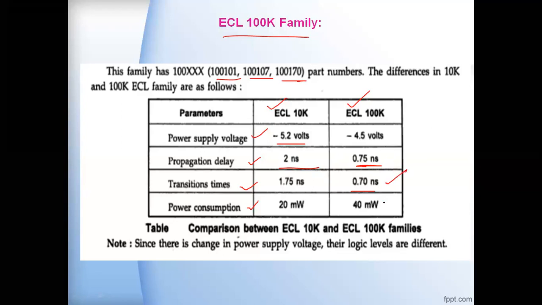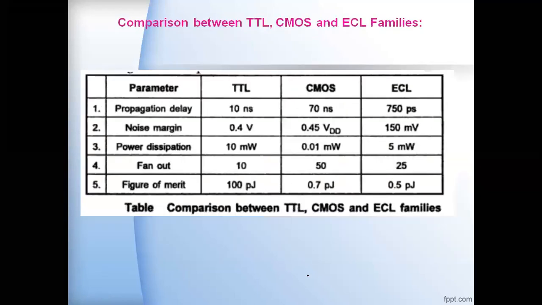And this is the final conclusion for unit 1: the comparison between the TTL, CMOS and ECL families. Here we have compared five characteristics, but if you refer to different textbooks, more parameters are differentiated among TTL, CMOS and ECL.